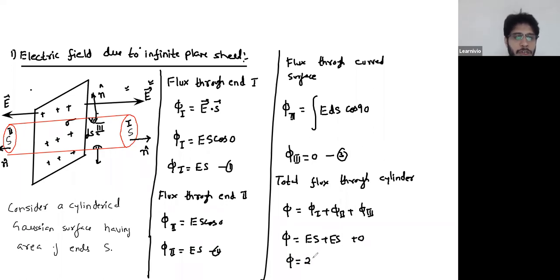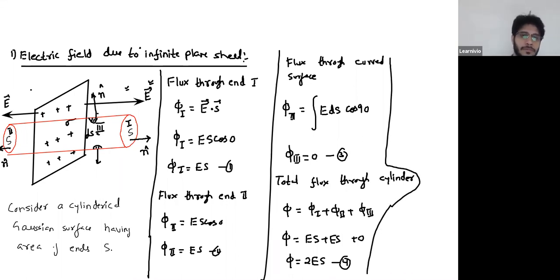So the total flux through the cylinder is 2ES. That is the equation. Is it clear? Yes. Okay. So the total flux through the cylinder is 2ES.